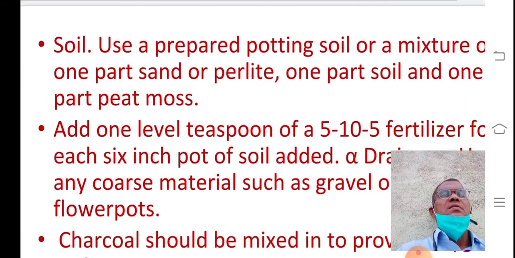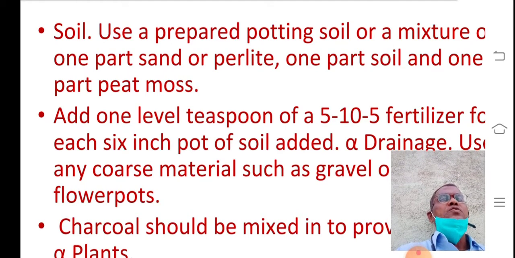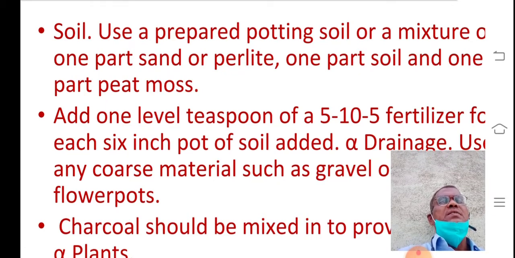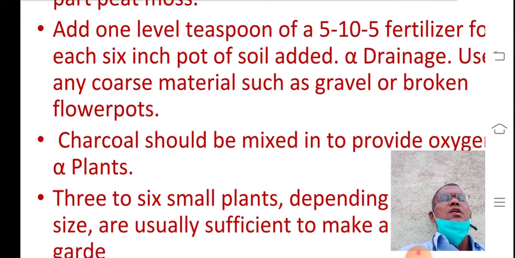Then here are some precautions. The soil should be a soil mixture of FYM, farmyard manure, sand and soil, or perlite. Then nowadays peat moss or cocoa peat moss is also used.